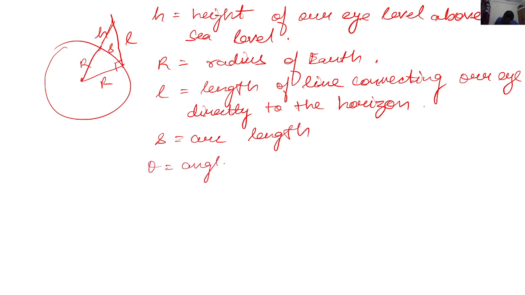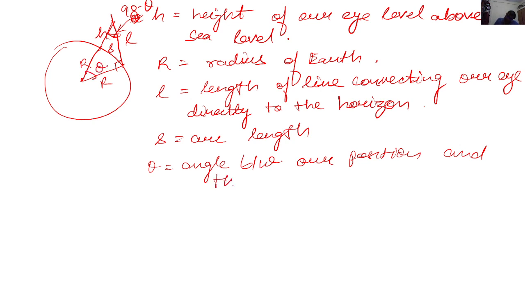Theta is the angle between our position and the horizon. So this is theta, and this is 90 minus theta. This is a right angle triangle, definitely.